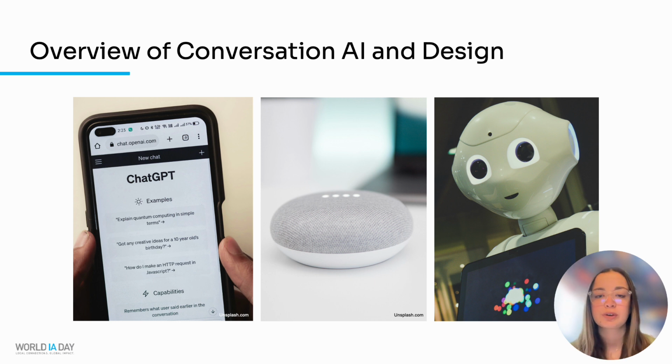So if a robot is walking around and speaking to you, Siri on your phone. So any software or piece of tech that basically has a conversation with you, whether through text or through voice, where you can say something and it'll say something back and you keep responding to each other. That is what is meant by conversational AI. And while not every single conversation interface is built on AI, the vast majority are, which is why I'm referring to it as conversational AI, which is the focus of this.